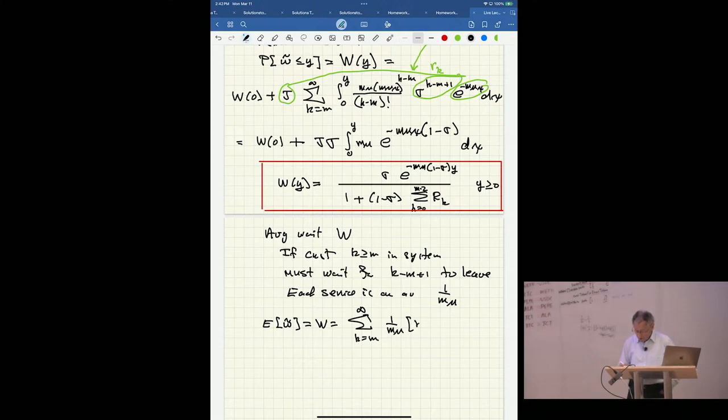K minus m plus 1, times the probability that you found k in the system. But, happily, R_k is equal to K sigma to the k in this region. All servers are busy. And we did that last period.